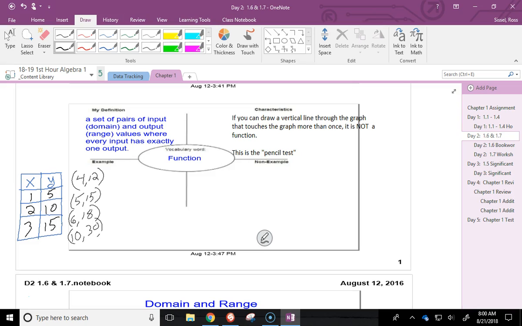If you're starting to understand what the rule would be for it. So sometimes you'll see where we list the coordinates. Sometimes you put the coordinates into a table.